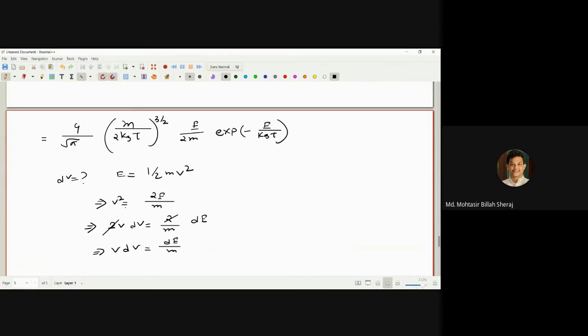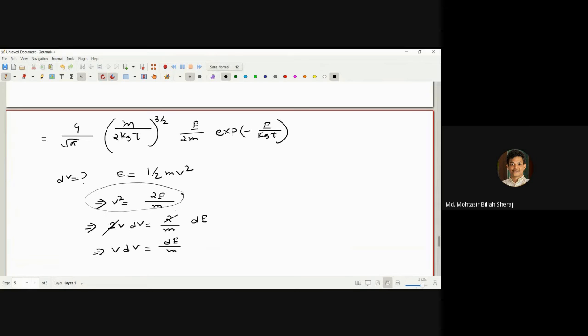What we have done here is differentiate both sides of this equation with respect to v. If you differentiate v² with respect to v, you get 2v dv.